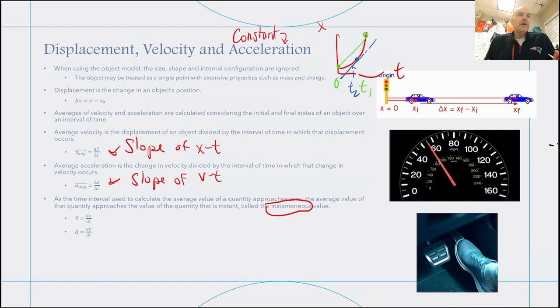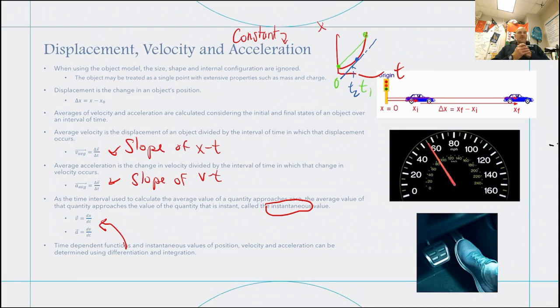Time-dependent functions and instantaneous values of position, velocity, and acceleration can be determined by two things. Differentiation, which is what we have here, using that d notation. And we can also use integration. The way you think about it is integrals are the antiderivative, or the opposite of a derivative.